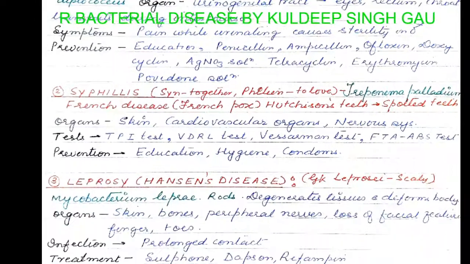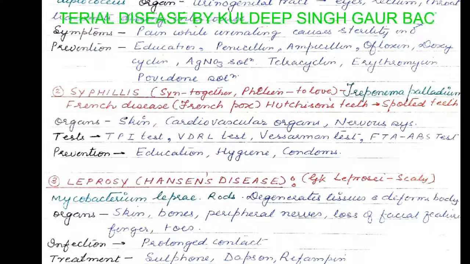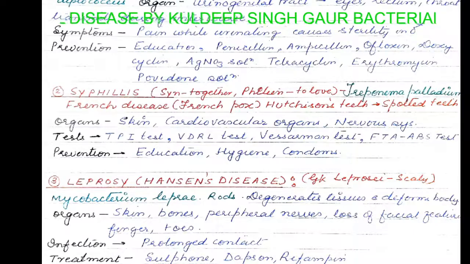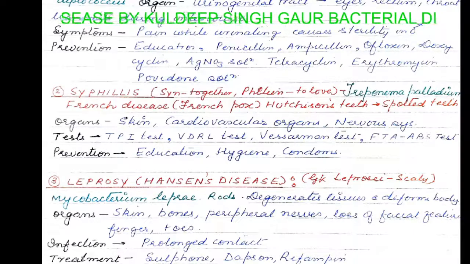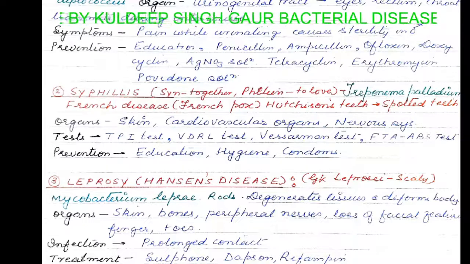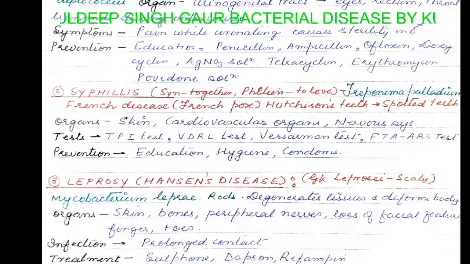The second STD is syphilis. Syn means together, philine means to love. It is a French disease, also called French pox, and also called Hutchinson's teeth or spotted teeth disease. It is caused by Treponema pallidum.